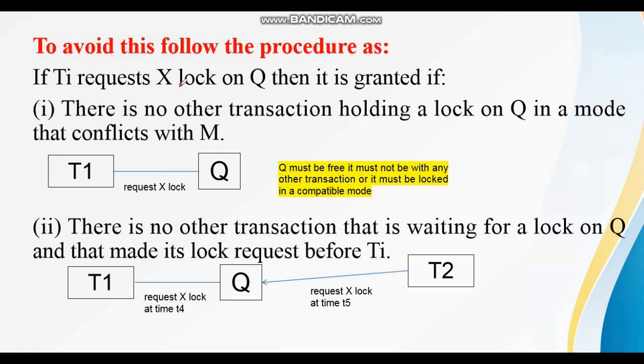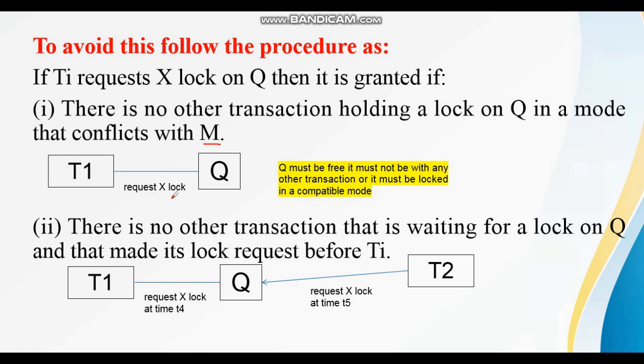If Ti requests an X lock on Q, then it is granted if there is no other transaction holding a lock on Q in a mode that conflicts with M. M is any lock, say shared mode lock or exclusive lock. Now, Ti requests an X lock on Q, an exclusive lock.